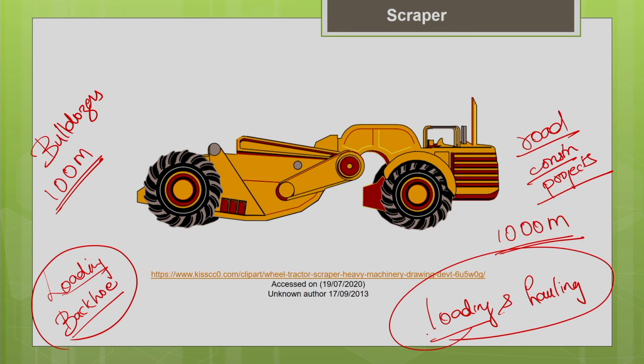I cannot compare the loading efficiency of a scraper with an excavator; when you compare it with an excavator, the scraper loading efficiency is less. Similarly, I cannot compare the hauling efficiency of a scraper with a truck; the hauling efficiency of a scraper is going to be lesser than the truck.